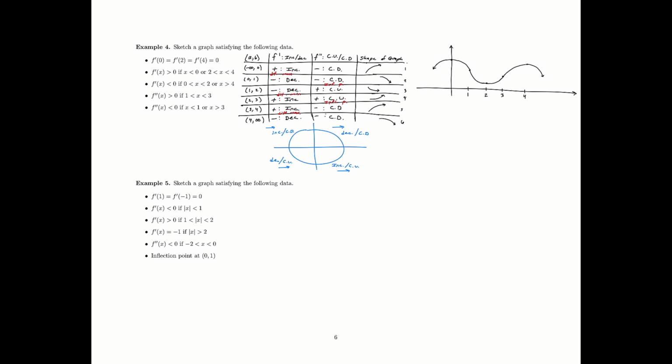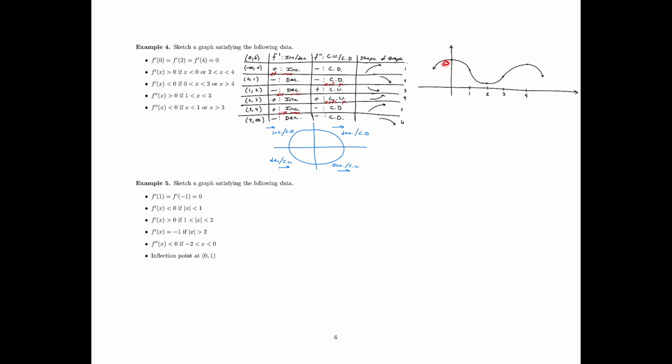Notice here I could have taken this entire horizontal axis, and if we shifted it up at all, that still would have worked, because they didn't give us any specific information about, for instance, this maximum here. They didn't tell us what the y value here is. They just said f prime of 0 is 0, and we know that the first derivative is positive on this side, and negative on this side.